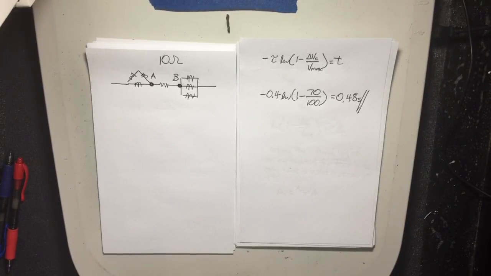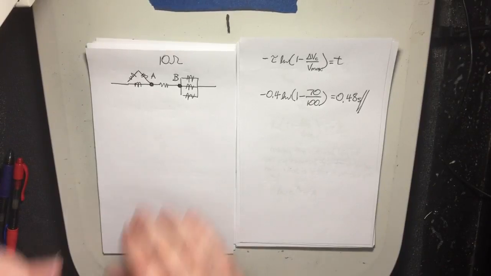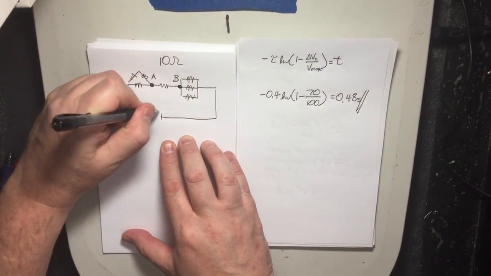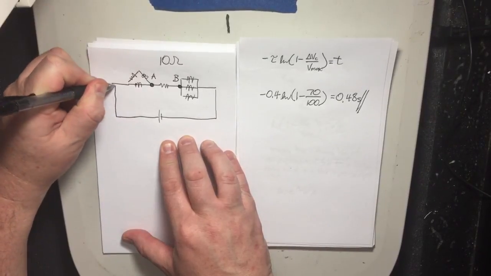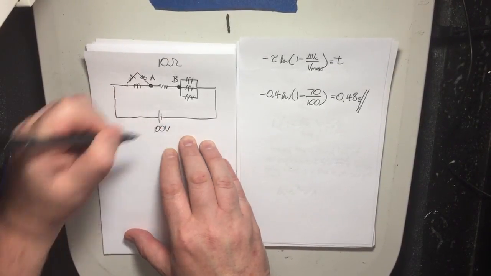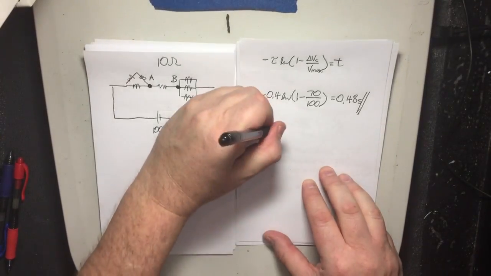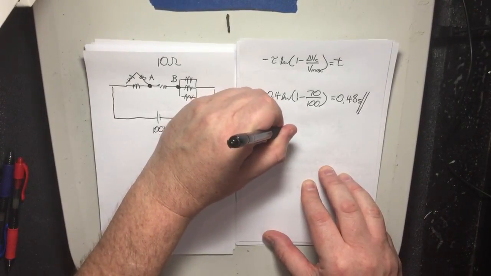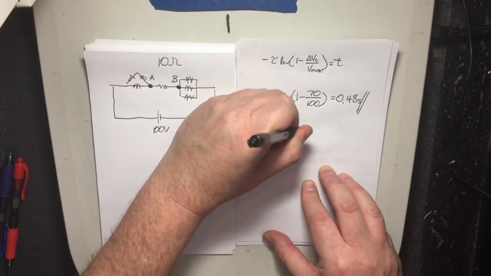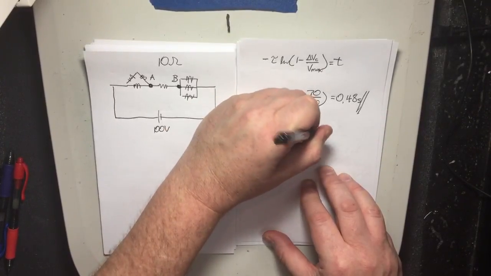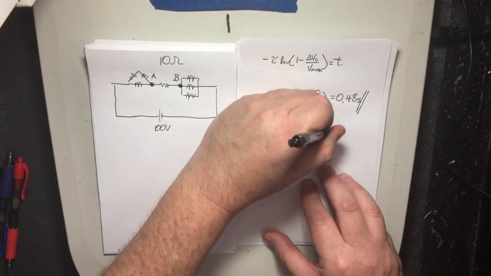Well, the first thing you need to do, and let's just say we have a 100-volt battery in, is understand the true definition of equivalent resistor.